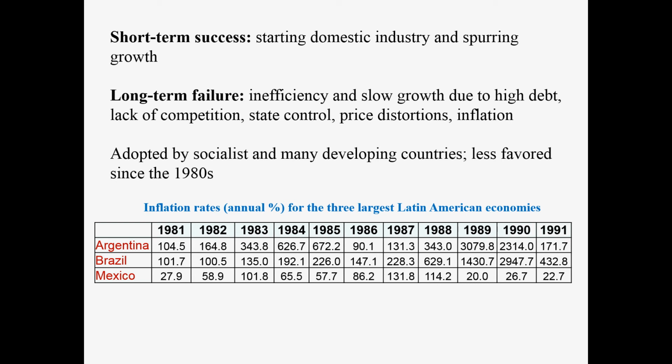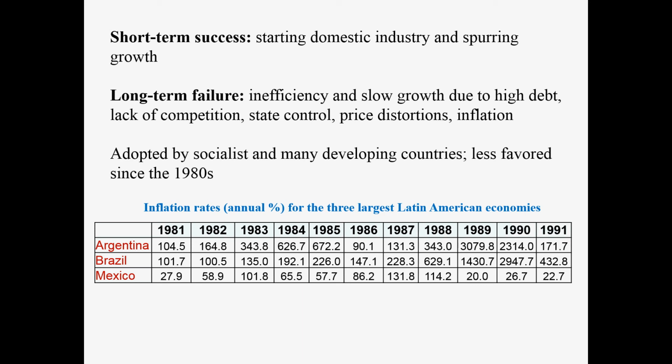This kind of strategy can obtain short-term success because when you develop your national industry, a lot of the time the government is involved. They mobilize economic resources and can start things going very quickly within a short span. But in the long term, a lot of industries are subsidized by the government, and a lot of industries are also owned by the government.